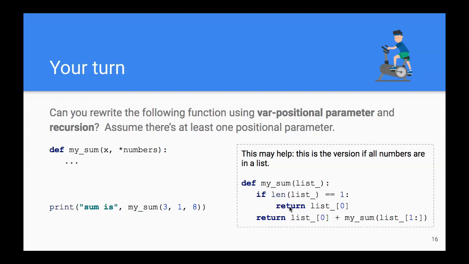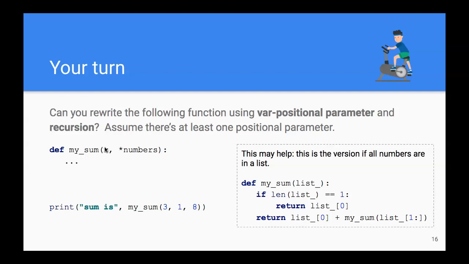Well, this is the way to do it if it's a list. Now, the idea is very similar for a version of this function that takes a variable number of parameters. Okay, so that's the first hint. The second hint is we have to change the parameters that mySum takes.